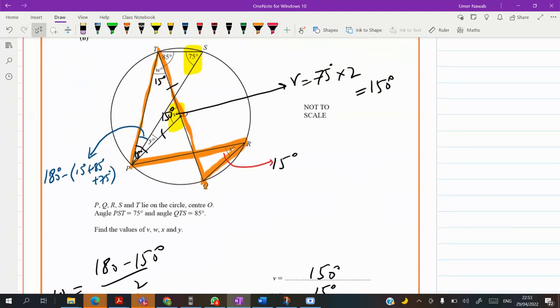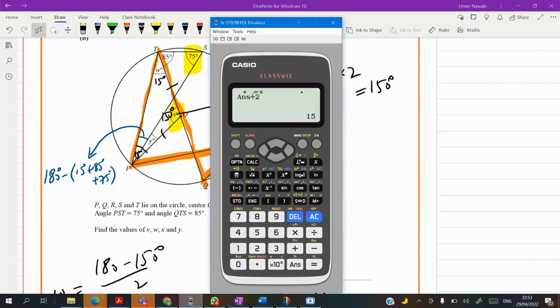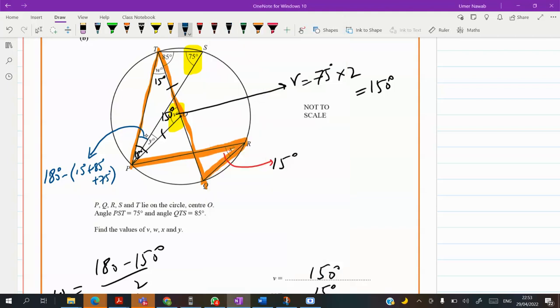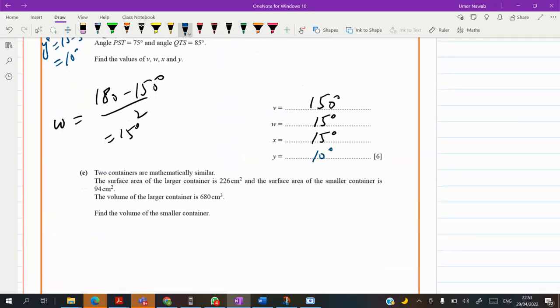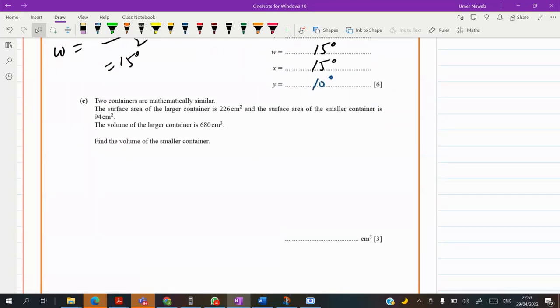So if you want to find y, I need to know this angle which I'm trying to find. So let's try. 180 minus 15 plus 85 plus 75 gives me 5 degrees. So this angle is a very small angle, that is 5 degrees. So y will be equal to 15 minus 5, that is 10. So y is 10.